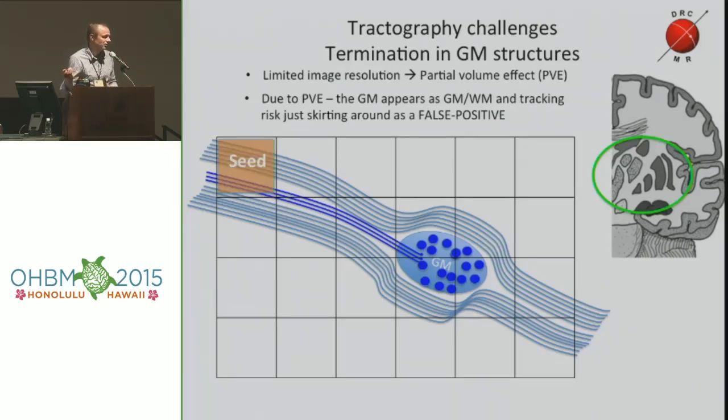So if I take my seed and place it here, and try to reach this target, in the beginning the streamline will probably try to approach the gray matter structure, but because this structure is very heavily partial volume affected, it will just follow the main anisotropy of the surrounding axons and skirt around and continue. So we have a true positive, and then it ends up in a false positive track.